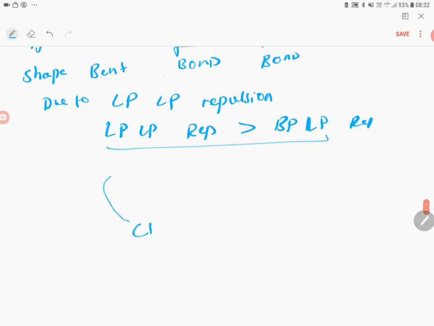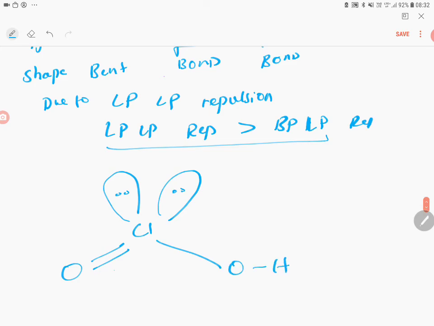Exactly, one lone pair, another lone pair, along with the double bond and OH. So here one is sigma, one is pi bond.